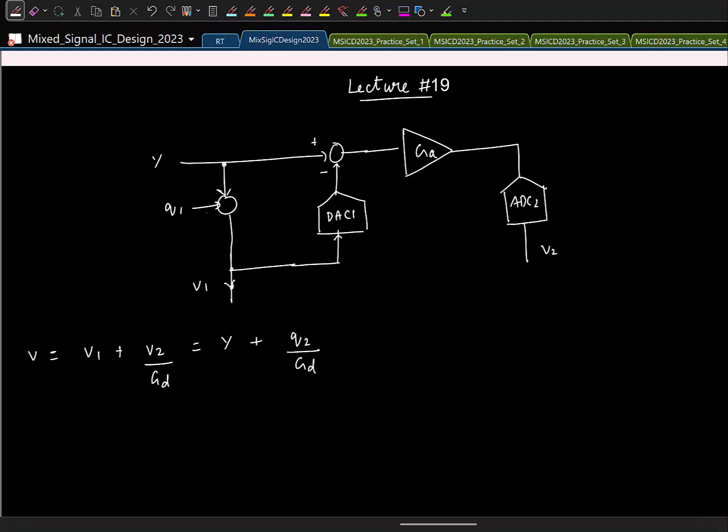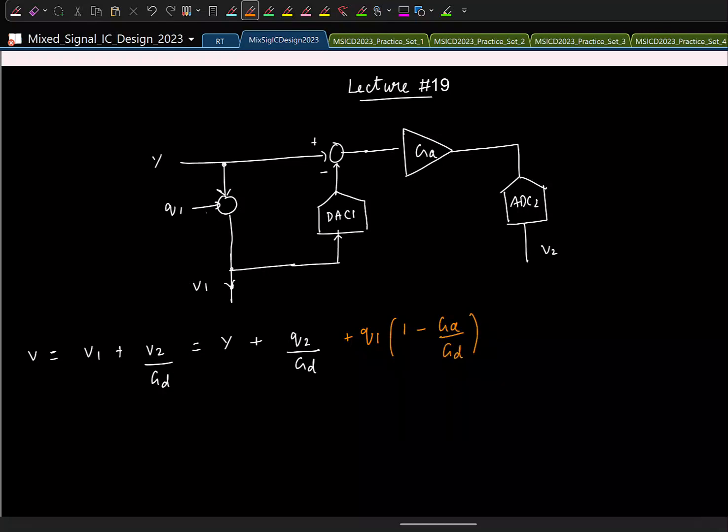But if the two gains are not matched, what will happen? I'll have Q1 into GA by GD. Is that okay? Cool. And as I mentioned, we have to correct for this by making these two gains equal, and the reasonable thing to do is correct it in the digital domain.